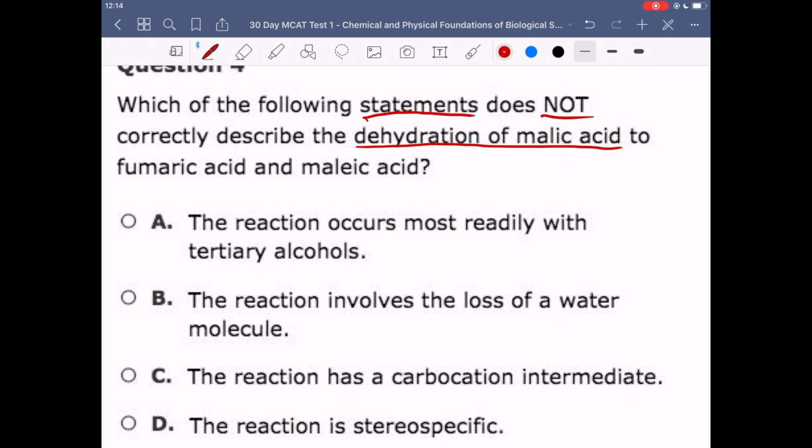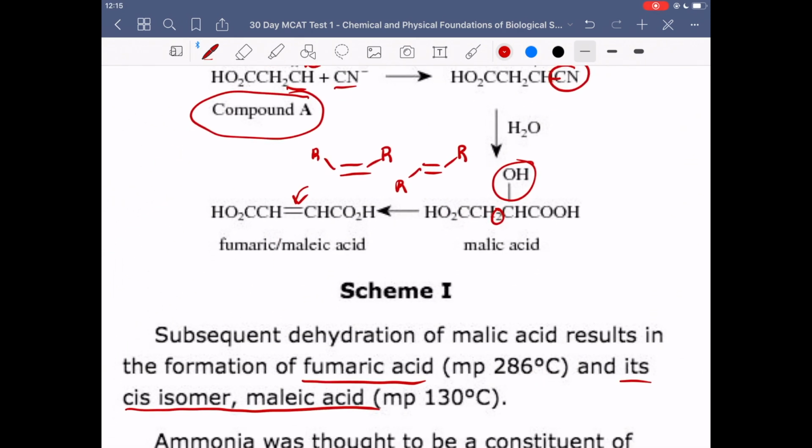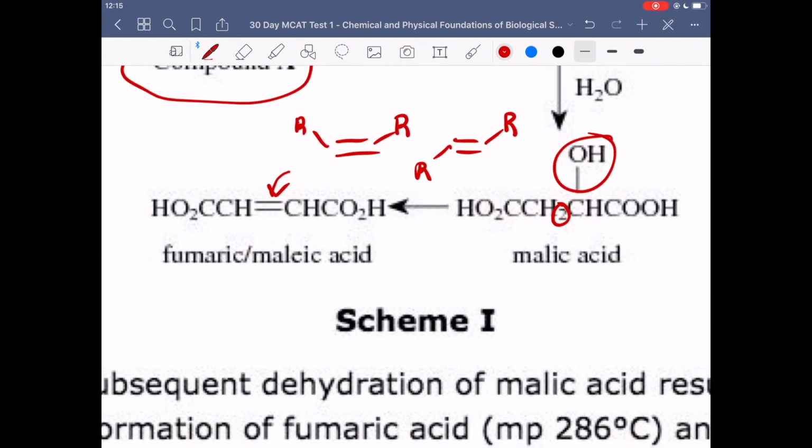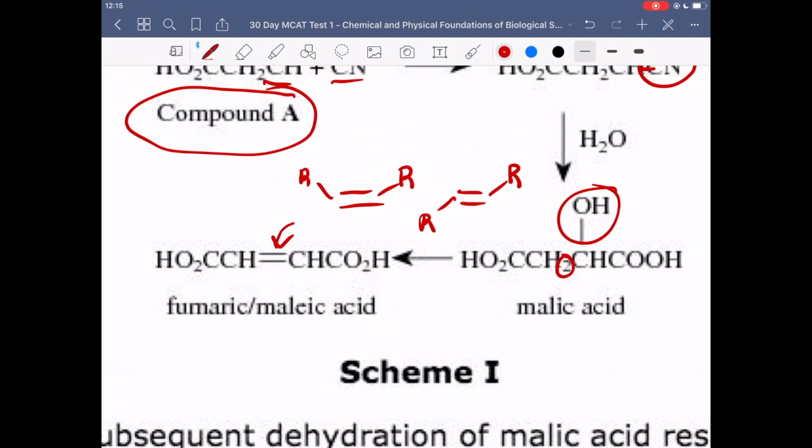So option A is saying the reaction occurs most readily with tertiary alcohols. Well, if we're talking about an E1 reaction, sure.